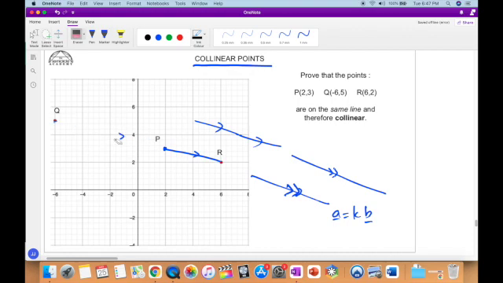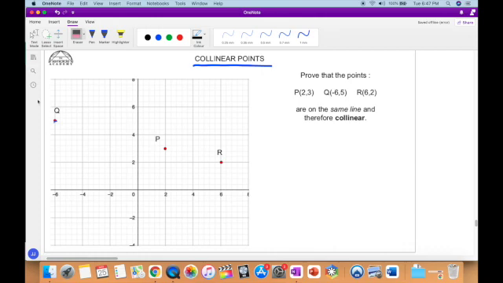So I am going to let you guys do this right now. I want you to take the vector QP and show that it is a scalar multiple of the vector PR, right? Or you can even show QP having the same direction as QR, where P lies on QR.